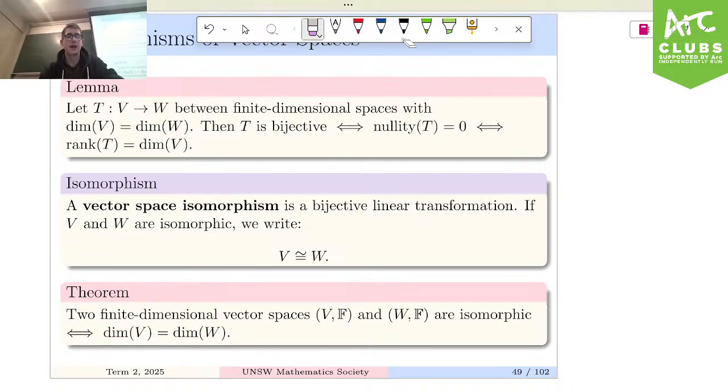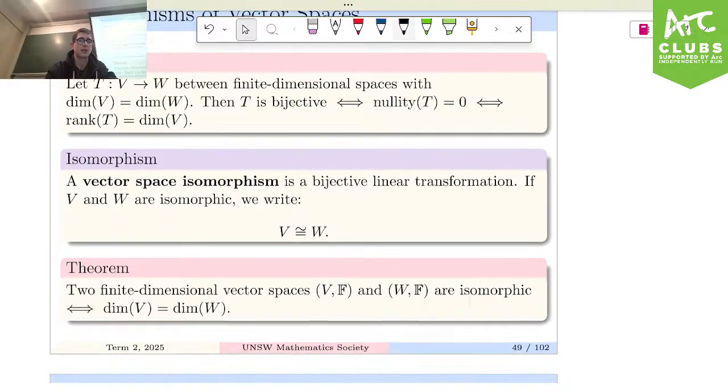So from that, we can say that two vector spaces are isomorphic if there is a bijective linear transformation from one to another. And it turns out that two vector spaces are isomorphic exactly if their dimensions are equal, because you can show constructively that some vector space isomorphism does exist that satisfies that.